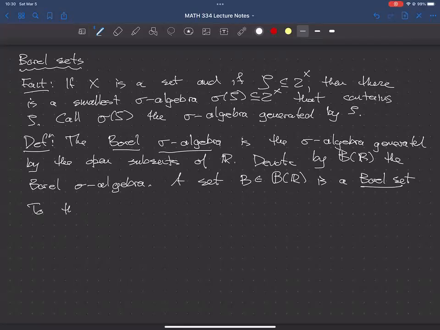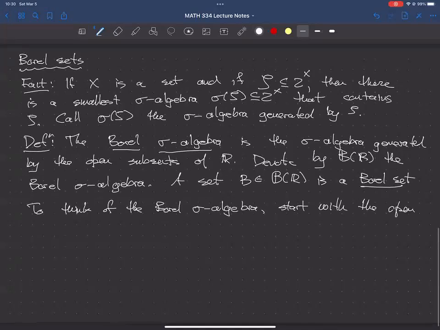I start with the open sets, because I know that the open sets have to be in the Borel sigma algebra. That's the definition of being generated by the open subsets of R.